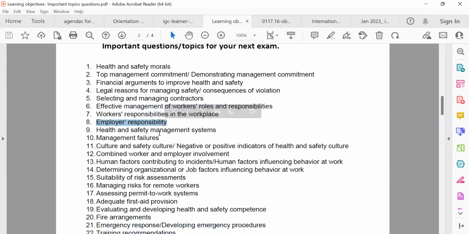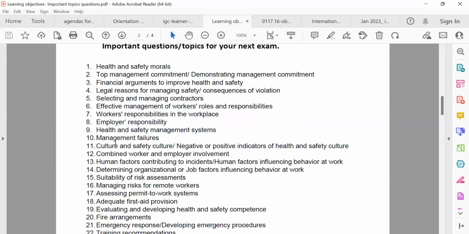Employers' responsibility, comment on the violations, that kind of question.